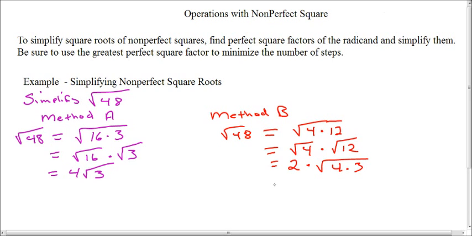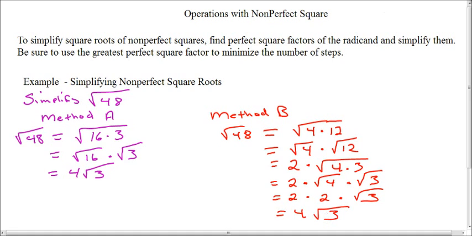Now what I have is 2 times the square root of 4 times the square root of 3. Well, I can solve the square root of 4. So I'll have 2 times 2 times the square root of 3. Of course, we know 2 times 2 is 4, so we get 4 times the square root of 3.